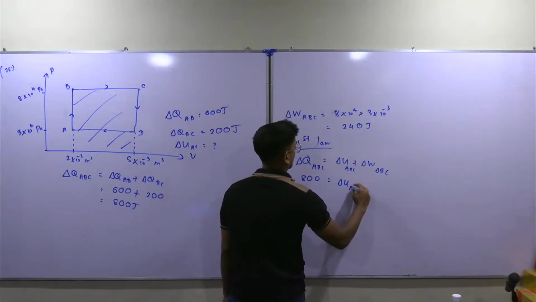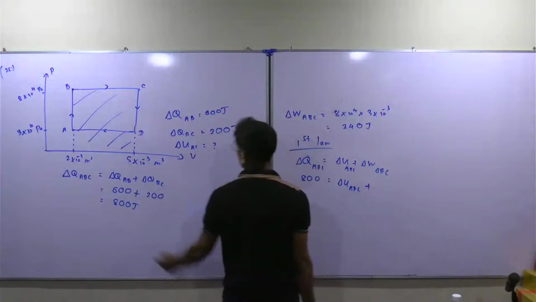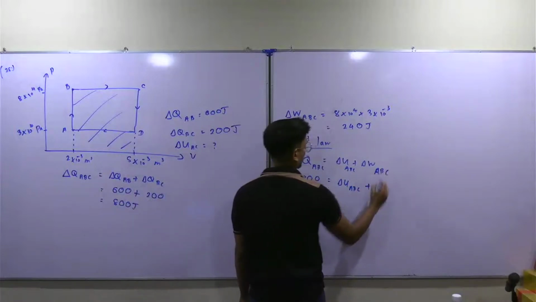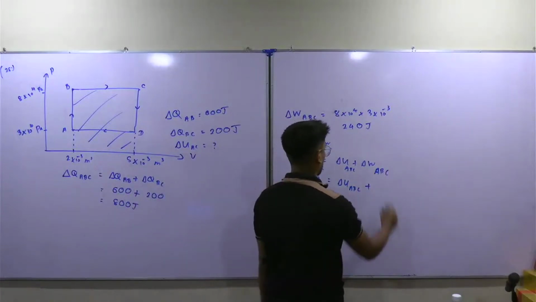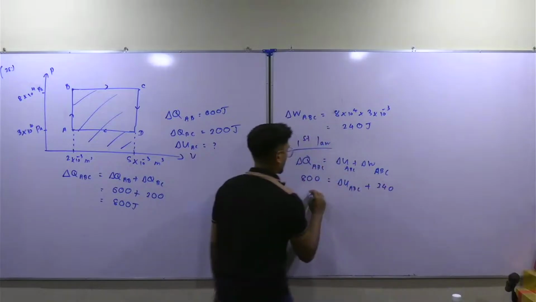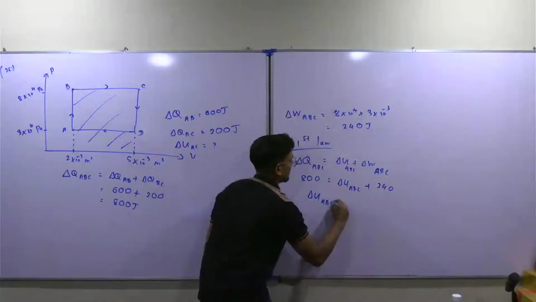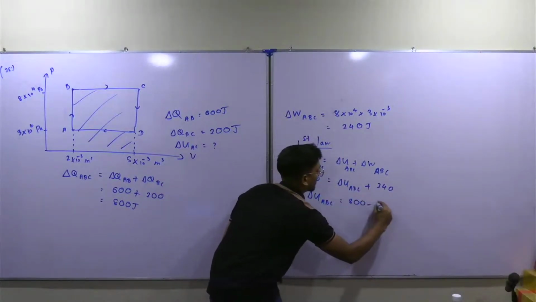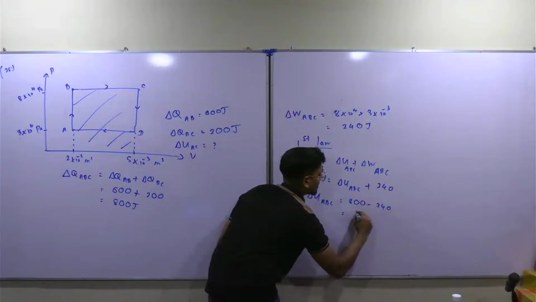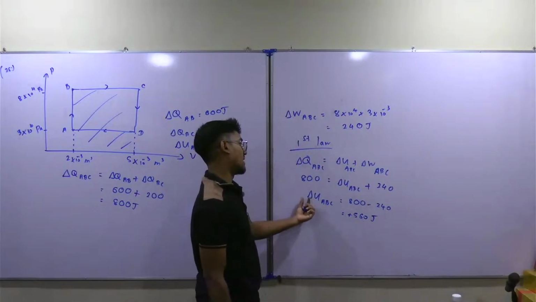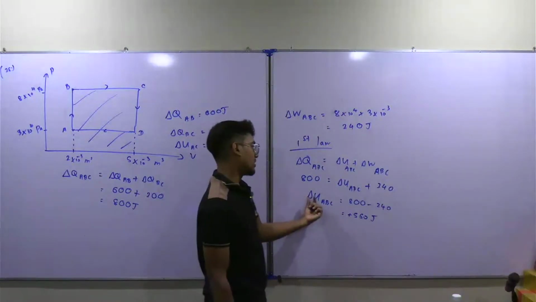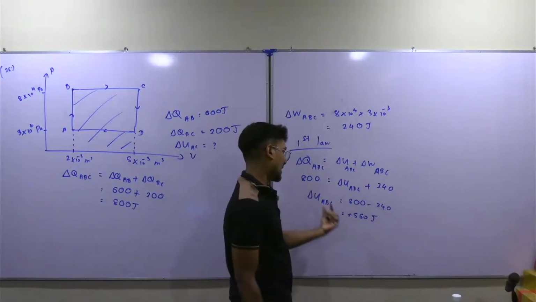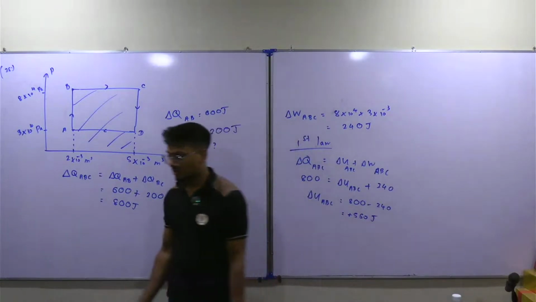Delta U, you don't know. Work done along the path ABC, delta W is 240. So the internal energy change for ABC equals 800 minus 240, that is 560 joules. That is positive. So there will be an increment of the internal energy along the path ABC by 560 joules.